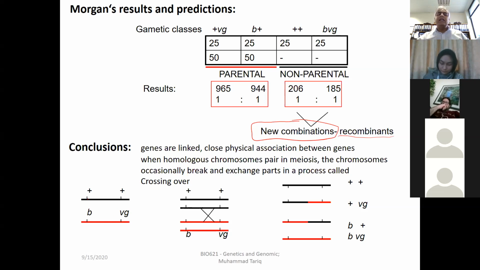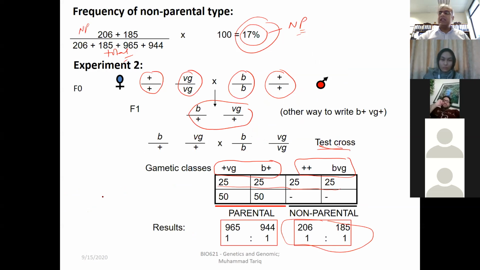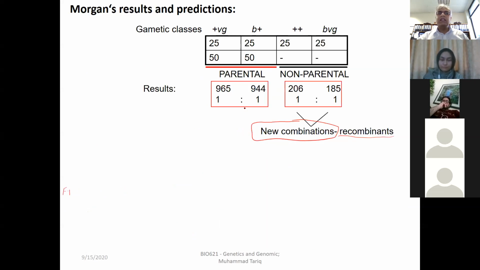What happens? This is your F1. You have these chromosomal makeup. This is F1. You remember this one? Heterozygous with normal phenotype.